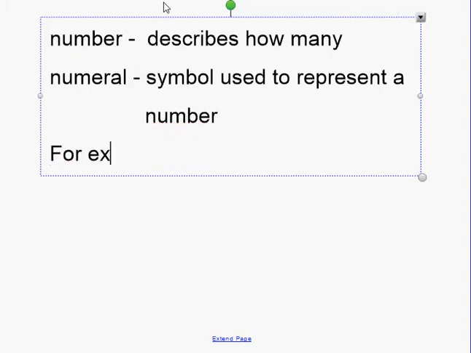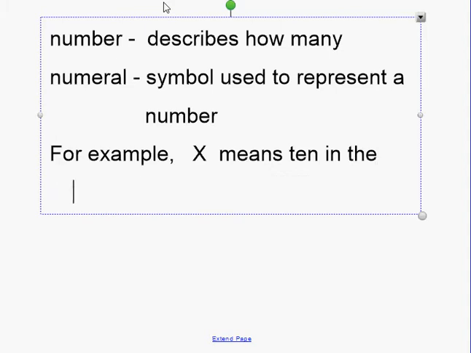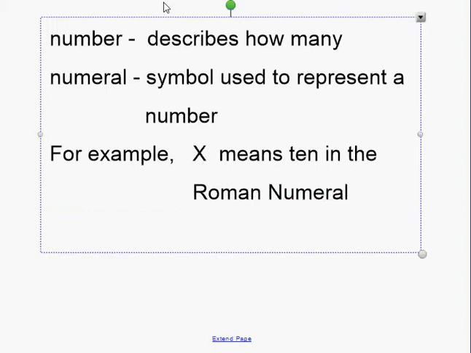For example, the capital X means 10 in the Roman numeral system. So that is a symbol that represents a number.